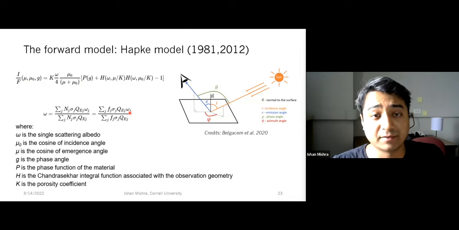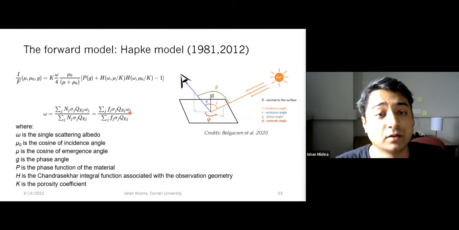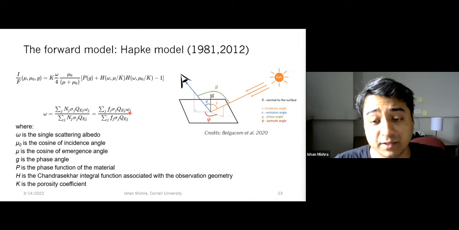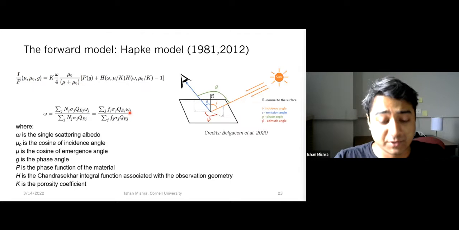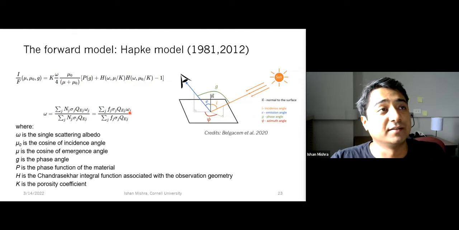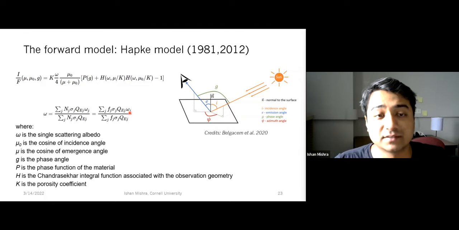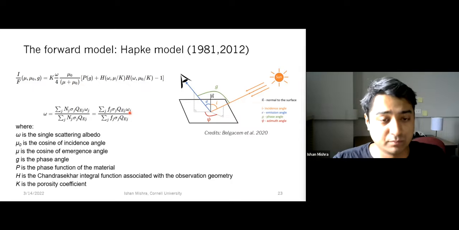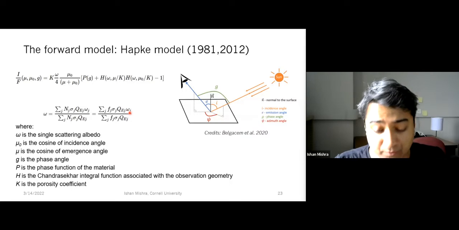Optical constants are basically the refractive indices of any material. And for any species that you want to include in the analysis, you need to have their optical constants. That is something that fundamentally limits this analysis in certain ways.